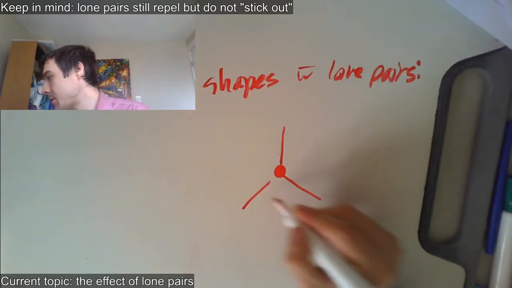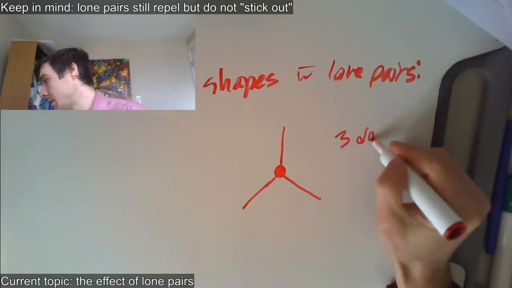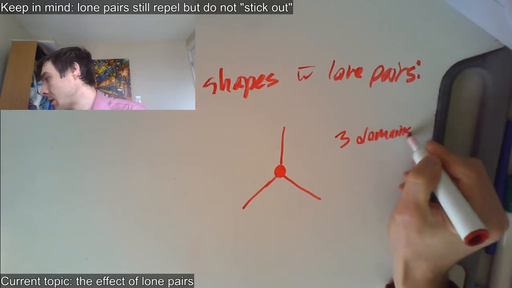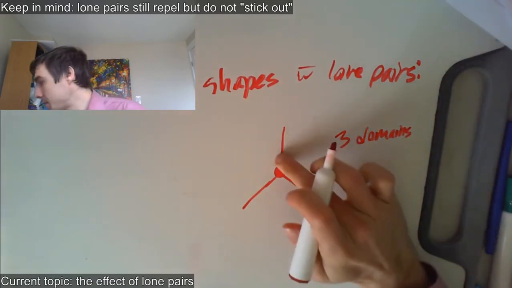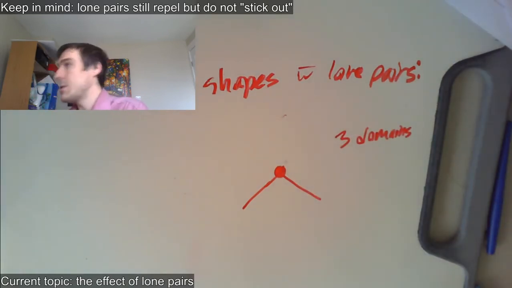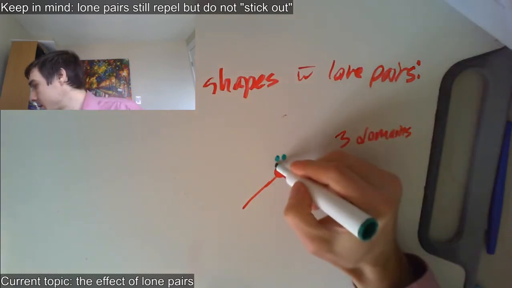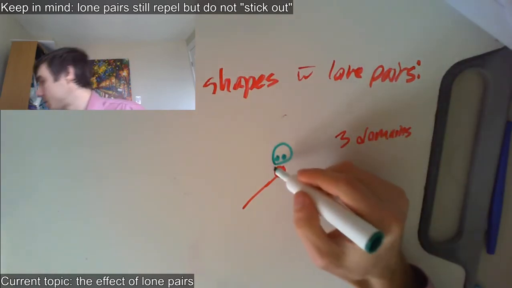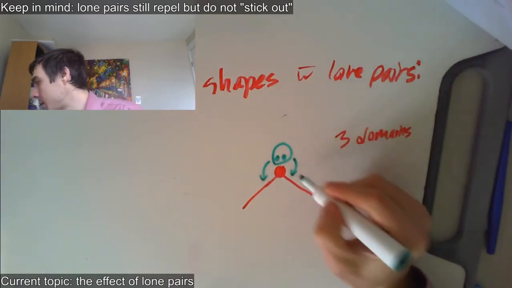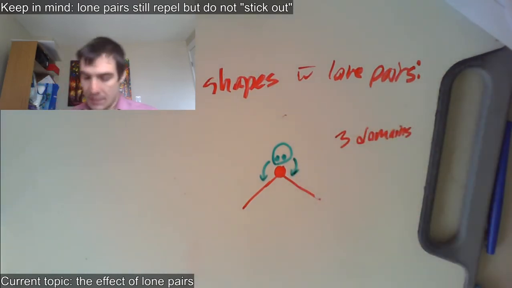Let's make a 3-domain molecule. There's 3 domains. It'll start with trigonal planar. But I'm going to replace one of my domains with a lone pair of electrons, like that. So these electrons are still pushing down on the bonds.